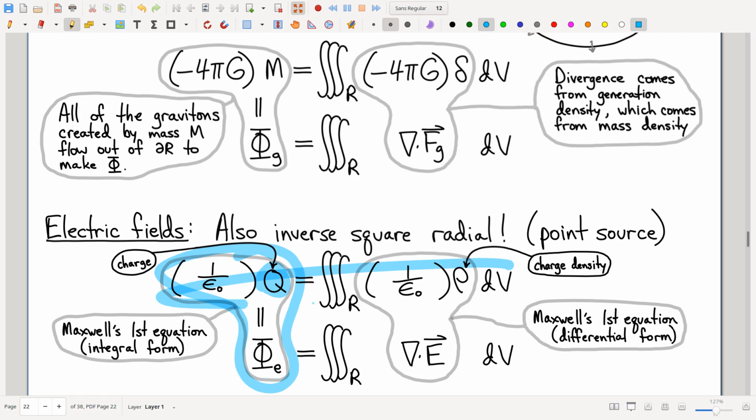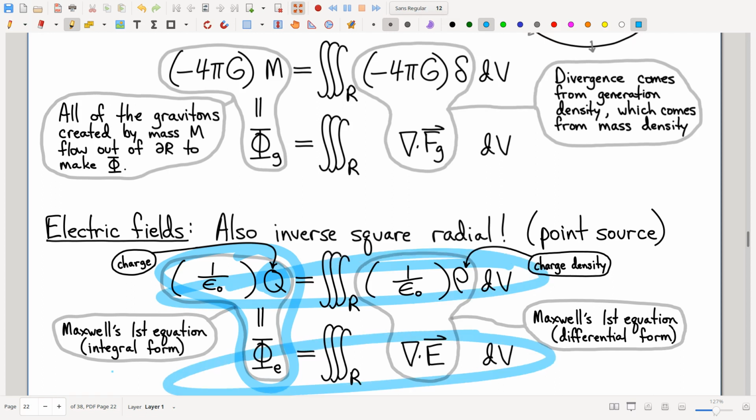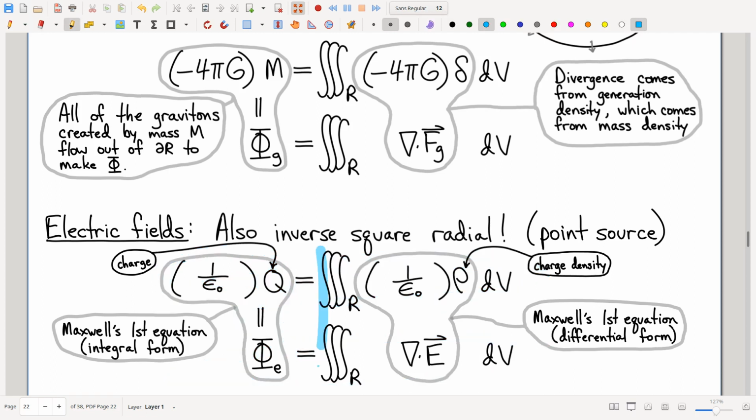And then again, density argument, write down the divergence theorem, hop, skip, and a jump. These two integrals have to be equal, therefore the integrands have to be equal, and we get another extremely not obvious pair of results. That electric charge inside of a closed boundary surface is proportional to the electric flux, and likewise, the charge density is proportional to the divergence, aka the flux density.